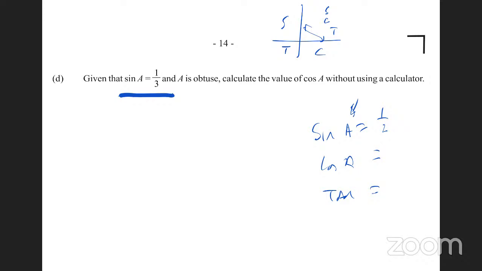So how do we work this out? Well, you need to remember your little triangle. Here's A, this is opposite, this is hypotenuse. Opposite is 1, hypotenuse is 2. How do we get adjacent? You can help me out here. How will you get adjacent?